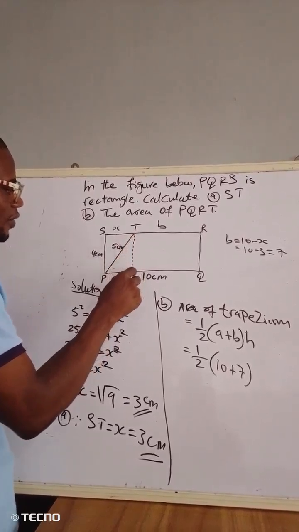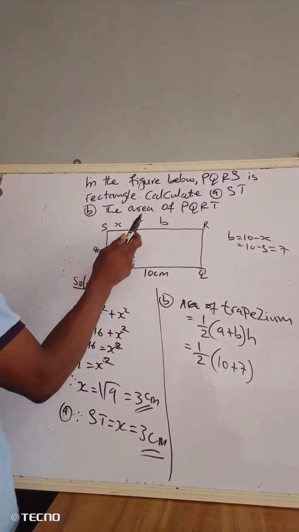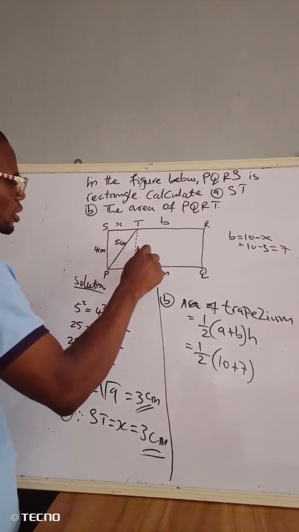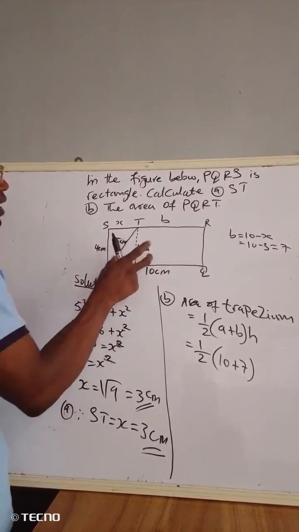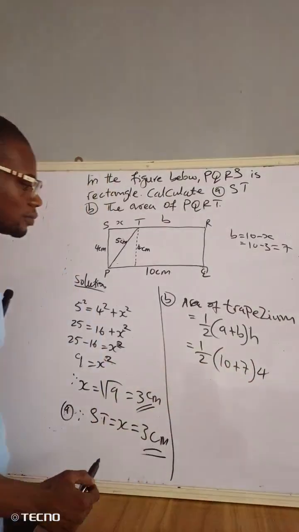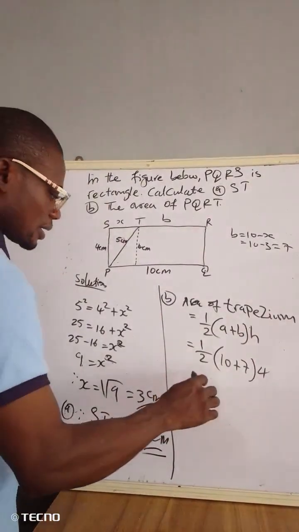This is the height of the trapezium. If you look, this place and this place are the same, so definitely here is also 4 centimeters. So the height of the trapezium, of course, is 4. So now let's continue.